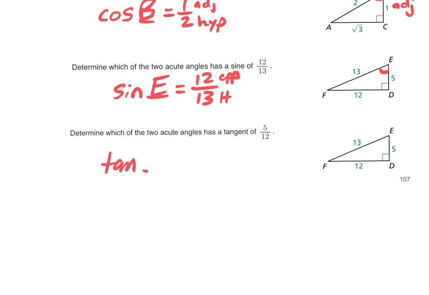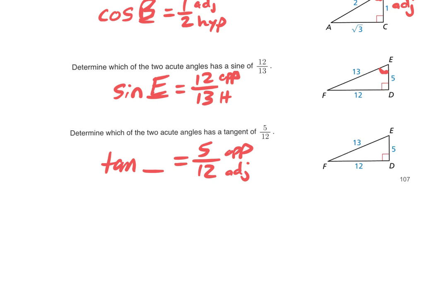tangent of something equals 5 over 12. Okay, tangent. Tangent is TOA, right? Opposite over adjacent. So from which angle are 5 and 12 opposite and adjacent? So it's got to be either E or F, right?